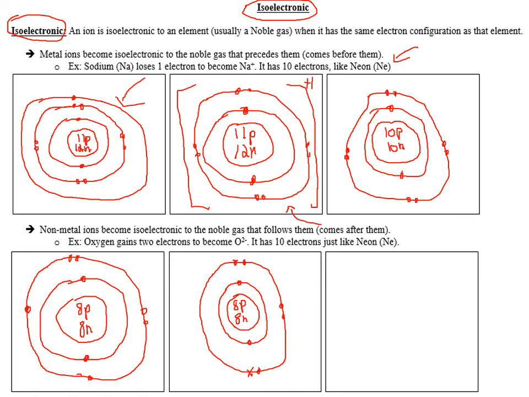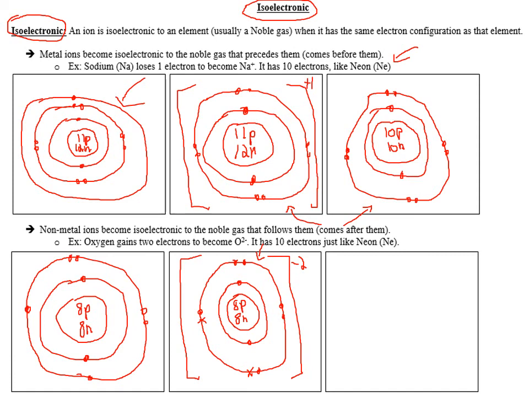Here's one of them. And then we're going to put a bracket to show that it becomes 2-. Now I'm not going to redraw neon, but you can see that oxygen now has 10 electrons, like neon does. So oxygen, the ion, is also isoelectronic to neon.